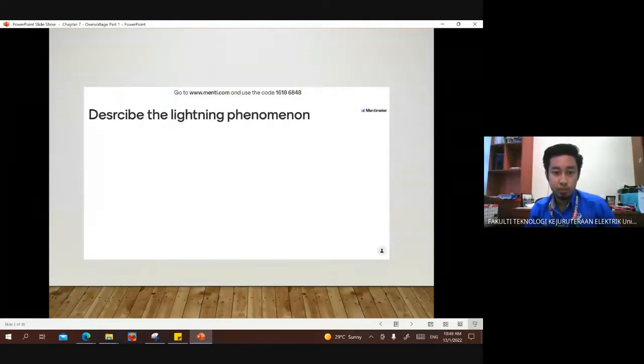I will log in first to mentimeter.com. Before I enter mentimeter.com, you can find in your textbook or the internet, and describe how the lightning phenomenon can happen or occur.